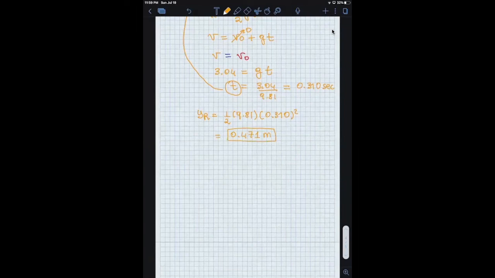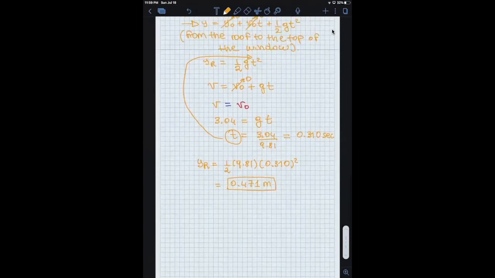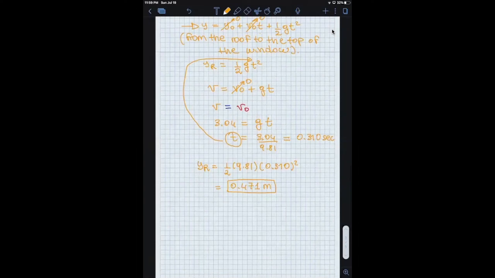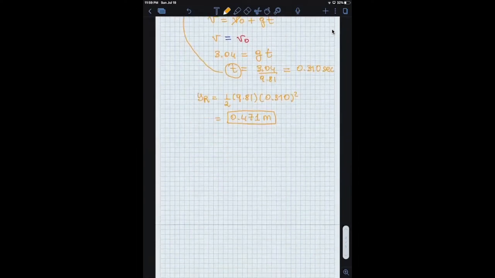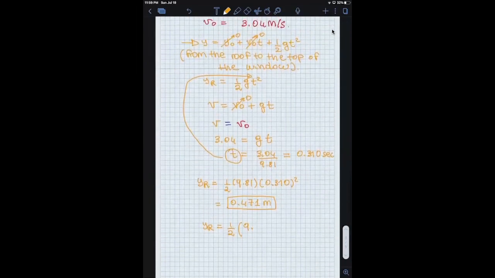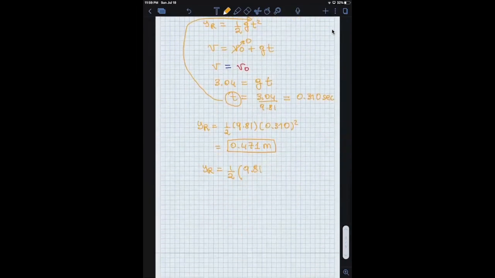I did not put the units, but if you are doing this in an exam or in a homework, it's good to show them. I'll just show it here if you want. So YR is equal to 1/2 times g, which is 9.81 meters per second squared, and time is 0.310 seconds squared.